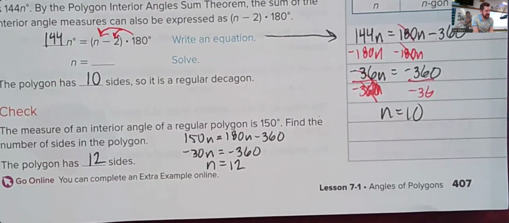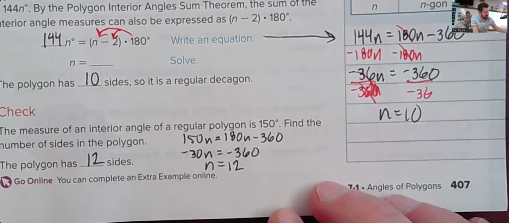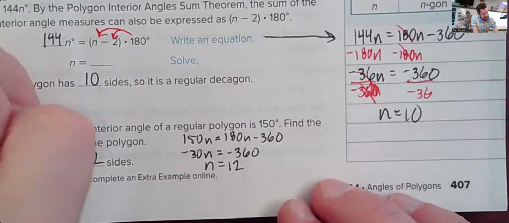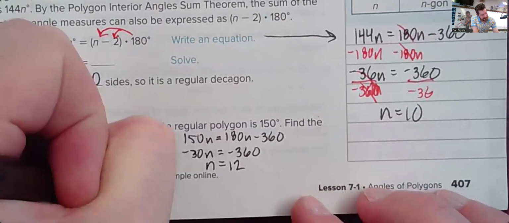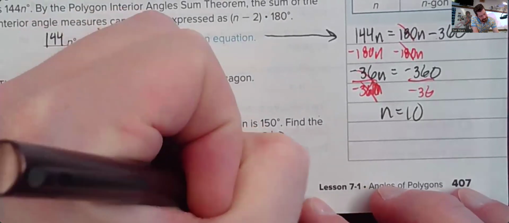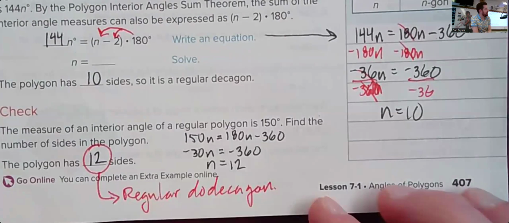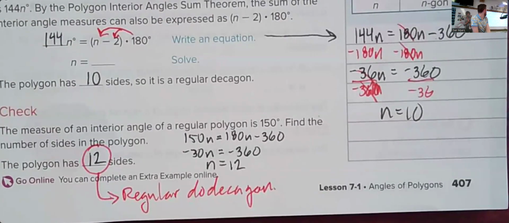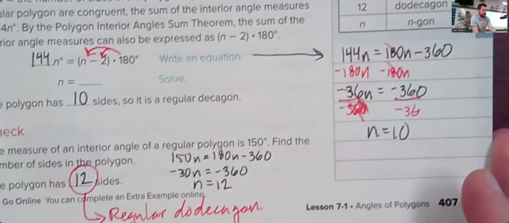Yeah, dodecagon. So 12 sides. We're going to say regular dodecagon.